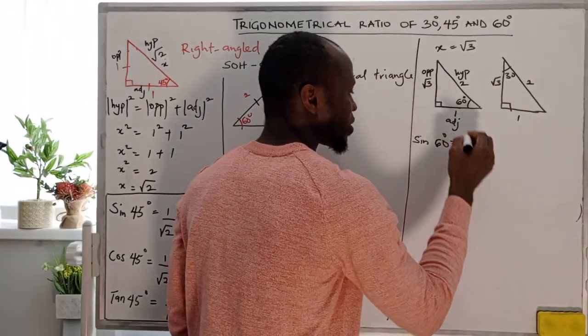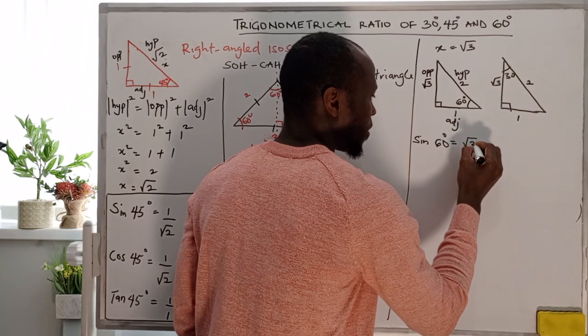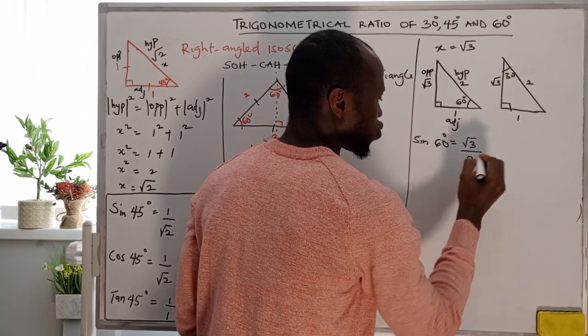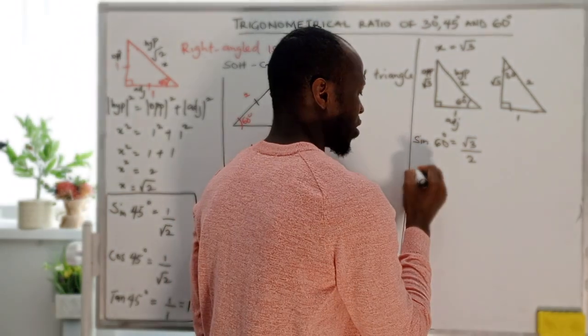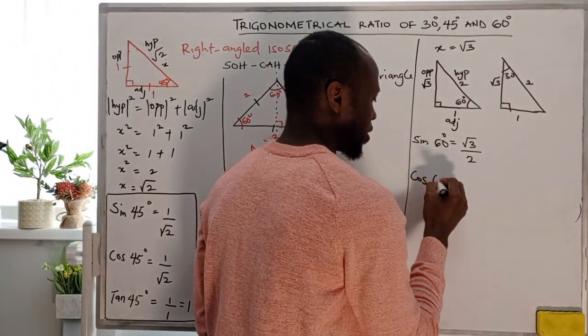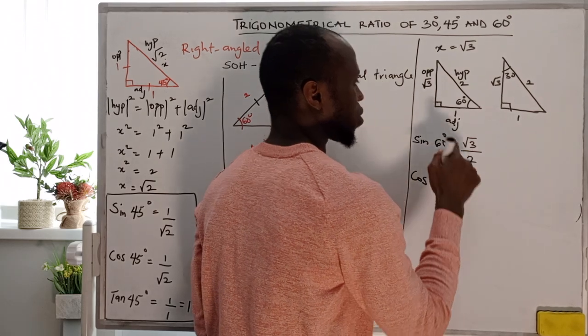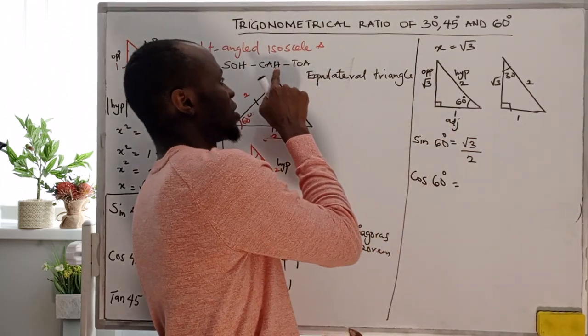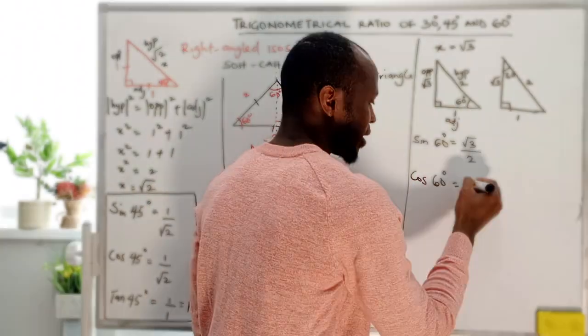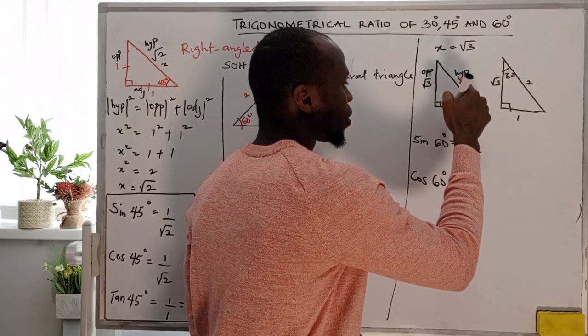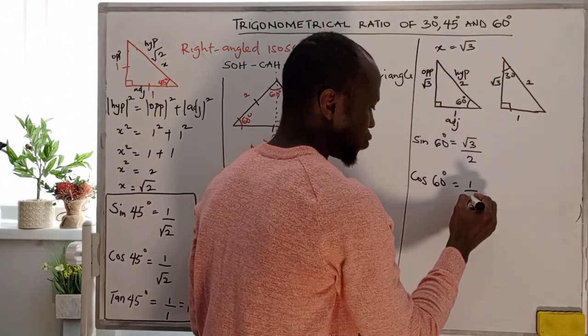My opposite in this place is what? Root 3. My hypotenuse is what? 2. Right? So, whereby my cos 60 degree equals, cos is what? Adjacent over hypotenuse. My adjacent in this case is 1, and my hypotenuse is 2.